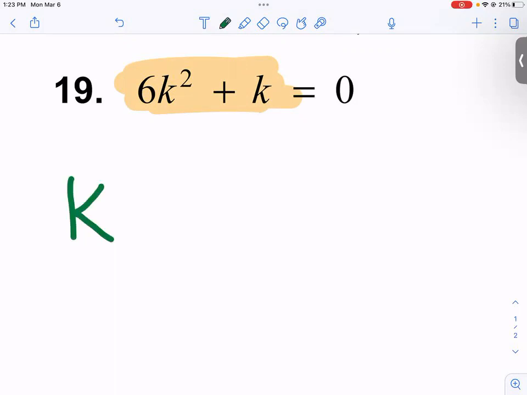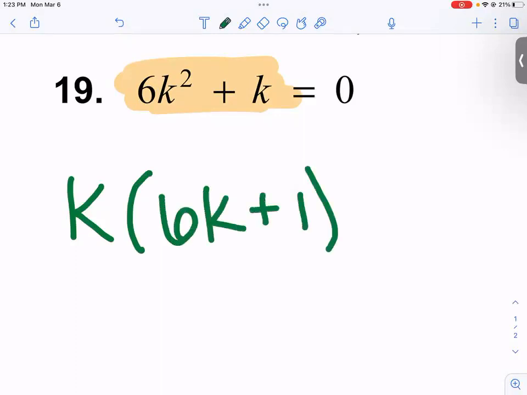K. Left over would be 6K plus 1. When I divide out K, we get 6K plus 1.